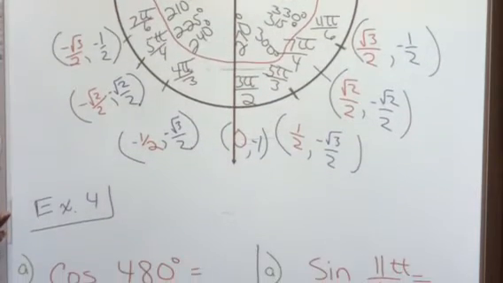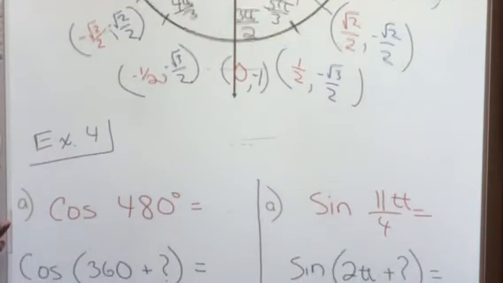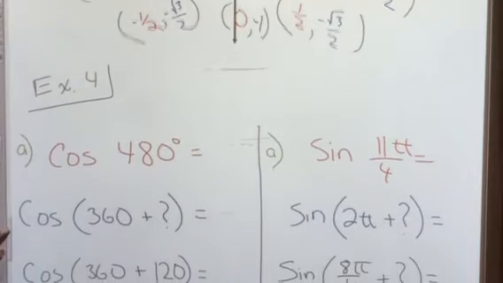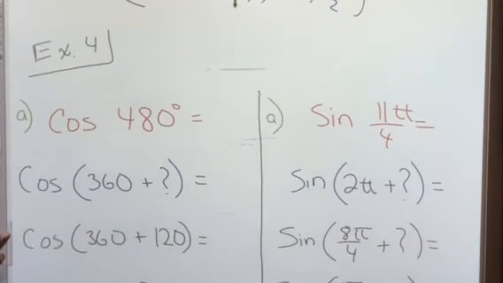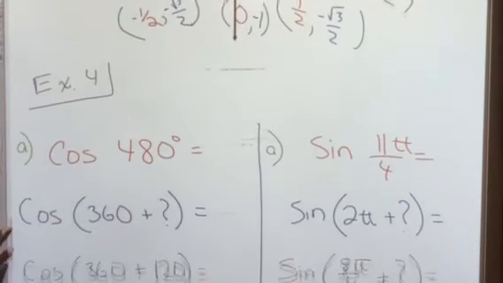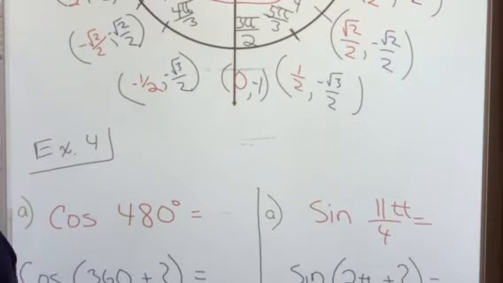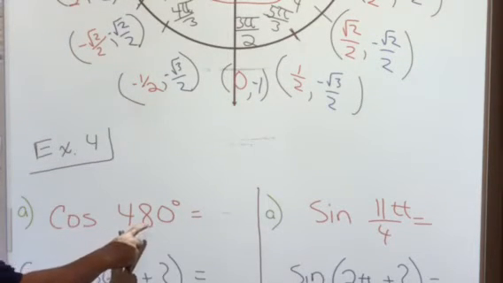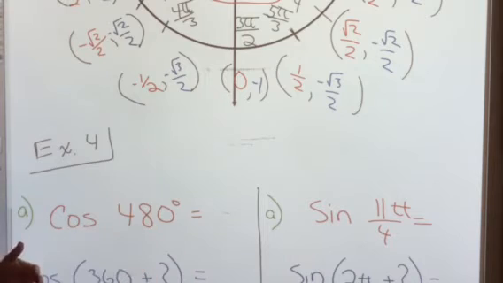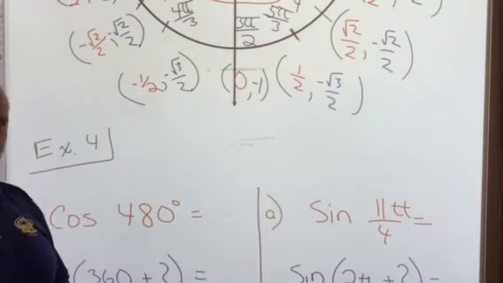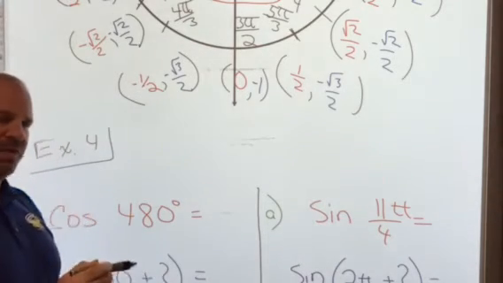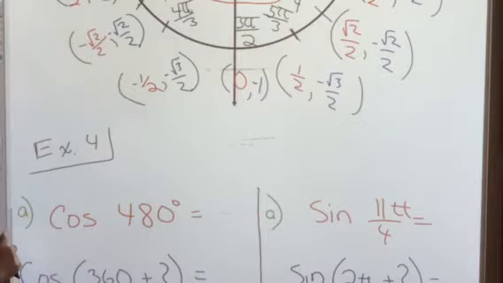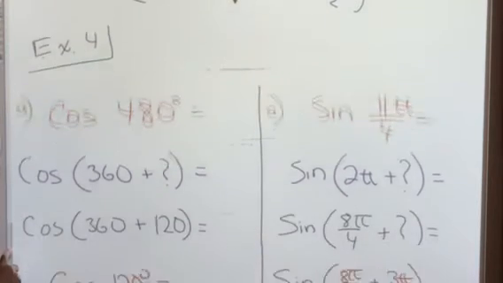So here's an example of how that relates to coterminal angles using that data up there. Let's start here: the cosine of 480 degrees. Well, coterminal angles. So it's 360 plus what will give you 480, because 480 would end at the same place as that? So 360 plus 120.